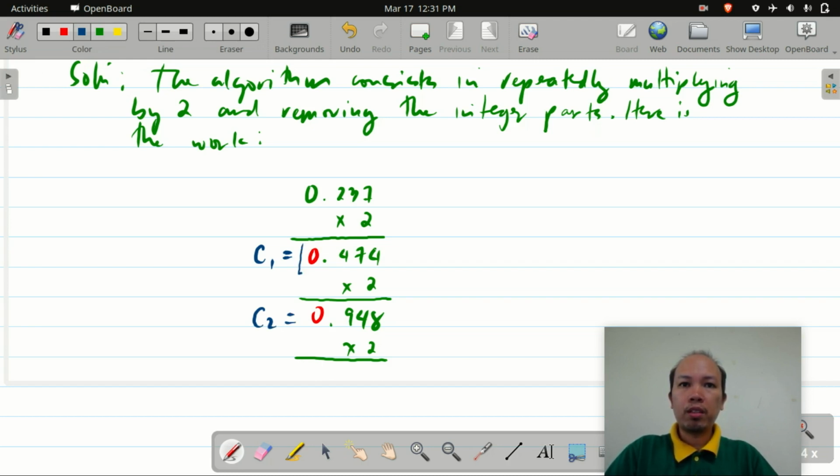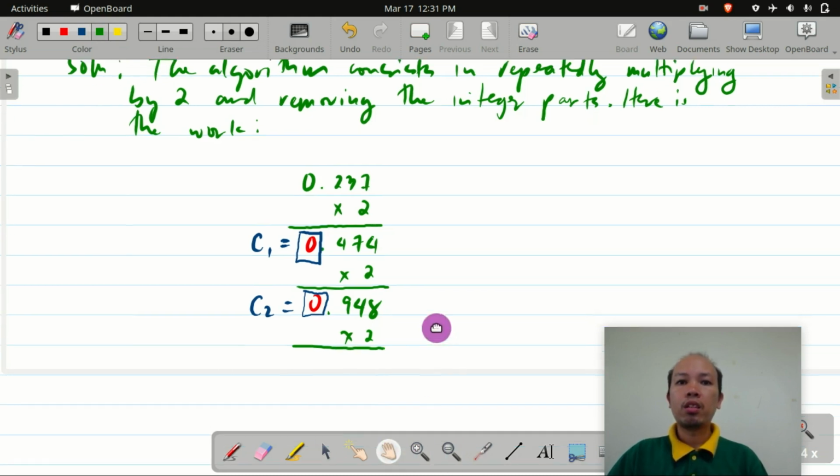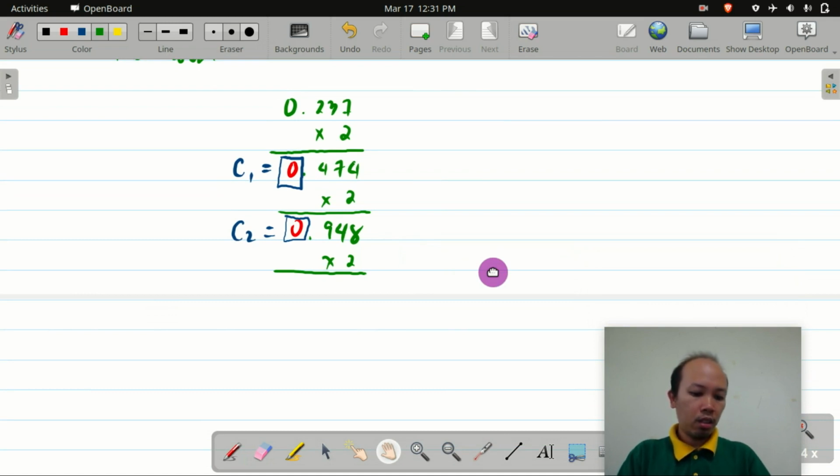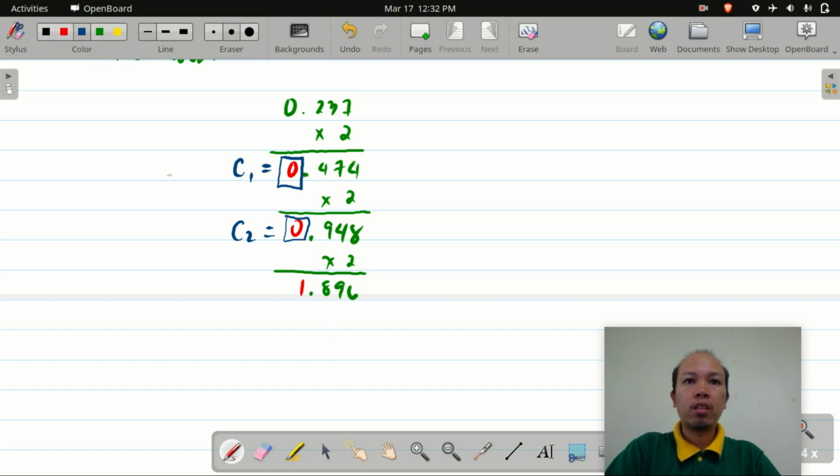Let me put a box here. Now 0.948 times 2 is 1.896. This integer part is C sub 3.